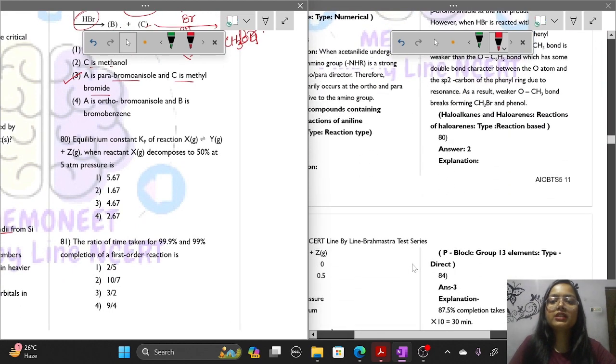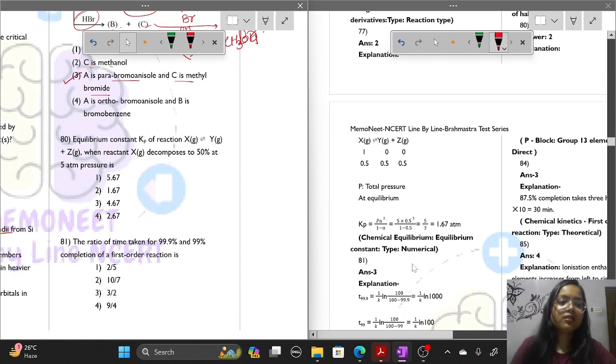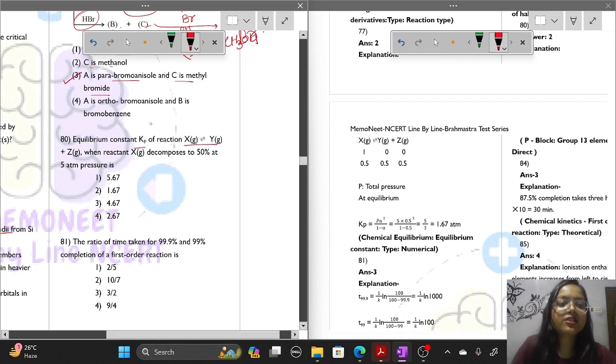Yeah, for question number 80, the equilibrium constant Kp for the reaction is... we have to find what is Kp. The reaction is given to us when reactant X decomposes 50% at 5 atm pressure.